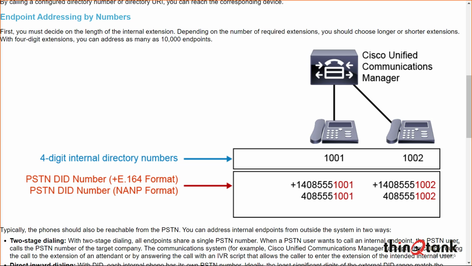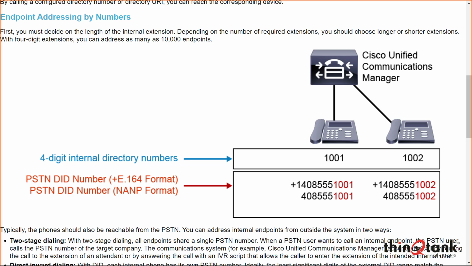And then you also have direct inward dialing, where you can just dial the extension directly. Certainly with fax machines and in certain scenarios, the DID option is really the only option. Two-stage dialing doesn't work very well with fax machines, but a lot of companies do like to have that DID dialing experience.